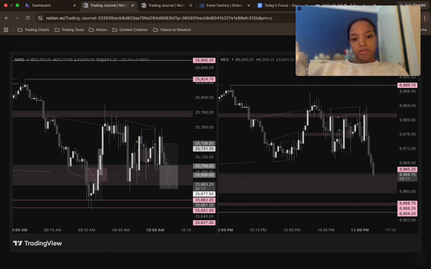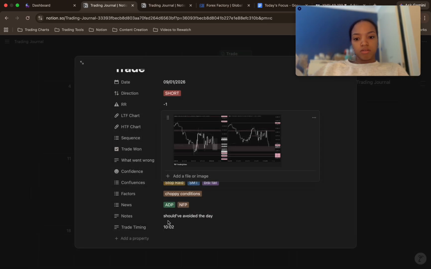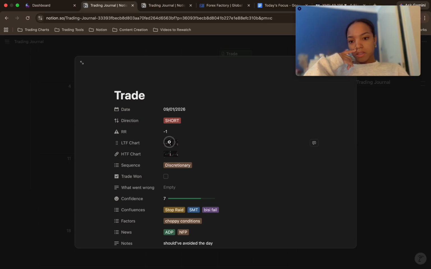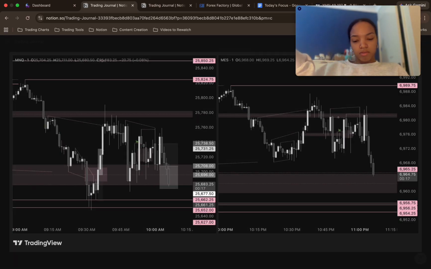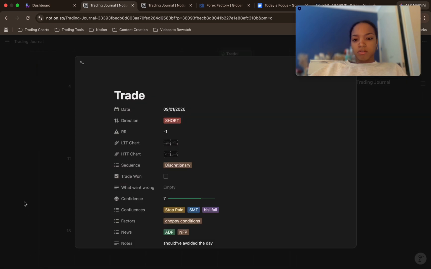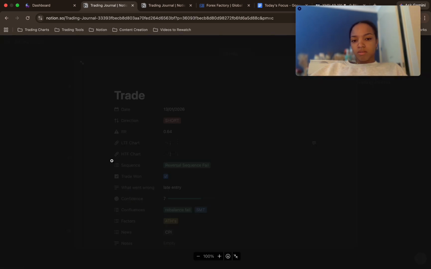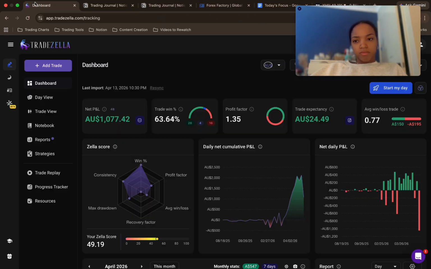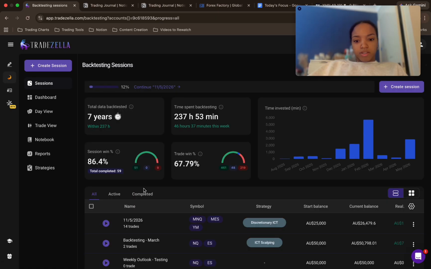Immediately a choppy price action. Where was the lost trade? Was it this one here? I guess it... What is this? Let's go have a look.